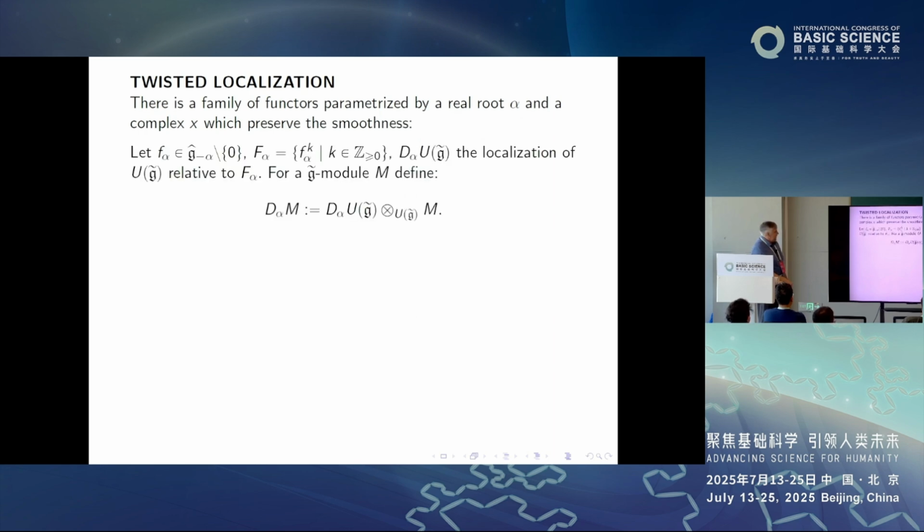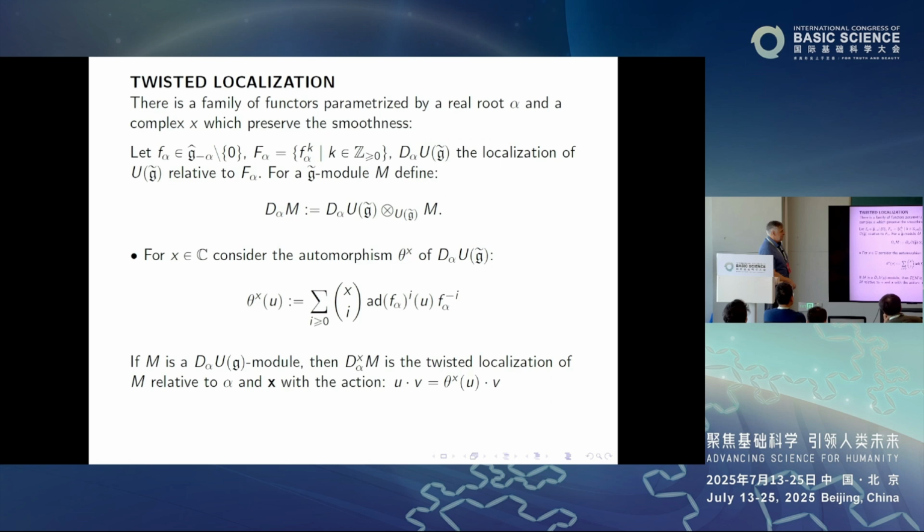Smoothness, that's the significance. Suppose we have a fixed positive root alpha, arbitrary. Take the root generator f alpha, and consider the multiplicative set generated by this f alpha. Then we can localize the enveloping algebra, and if we have any module M, we can localize this module, so we obtain something else. That's the first step, which is what D stands for.